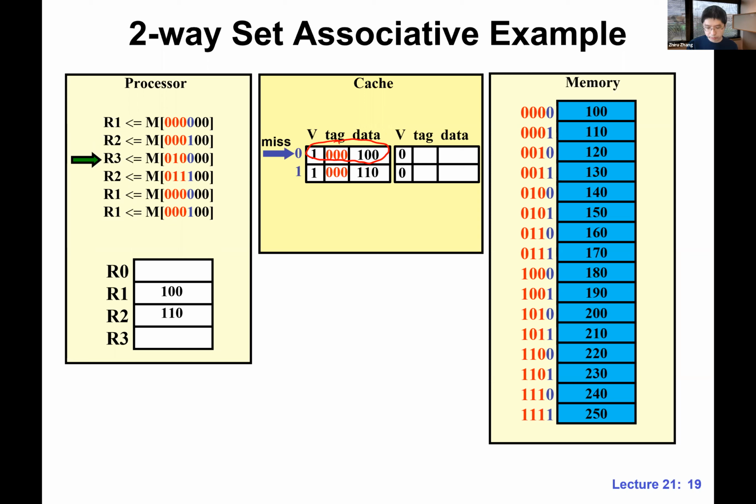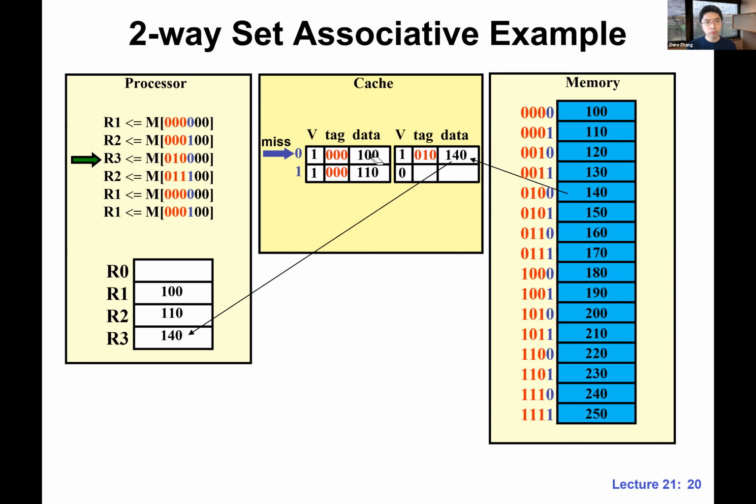Instead of kicking out 100, we will just use the other, empty way. That's where this extra flexibility is really useful. Make sense?